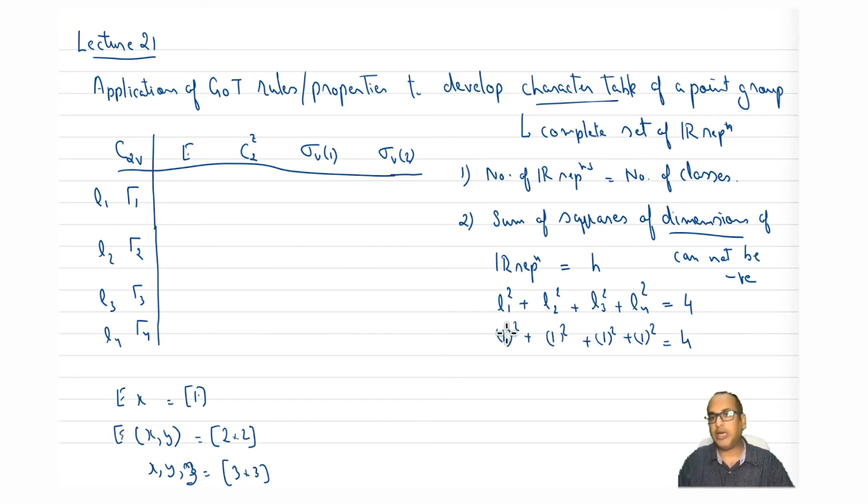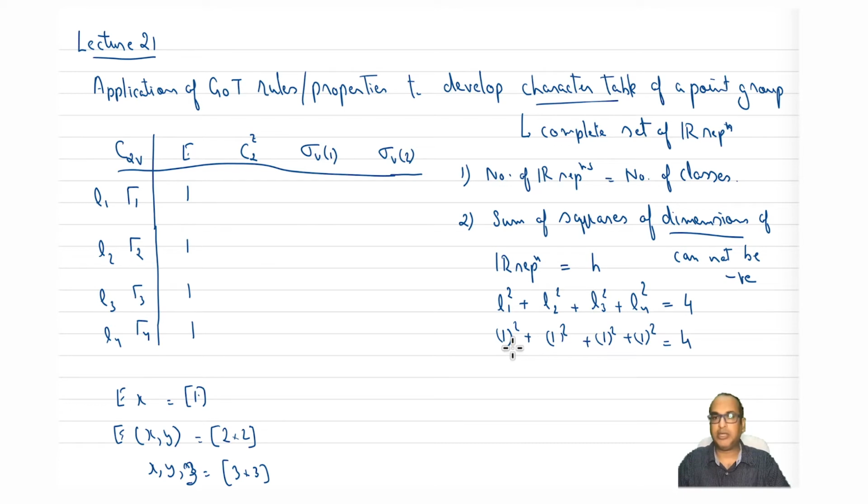So now we know that all the dimensions are 1, 1, 1, 1. So we can write the trace under E as 1, 1, 1, 1, right? So from 16 unknown elements, we have solved for 4 in one shot. I hope that is clear. Again, the sum of squares of dimensions of the IR representations is equal to H, which gives L1 square plus L2 square plus L3 square plus L4 square equal to 4.